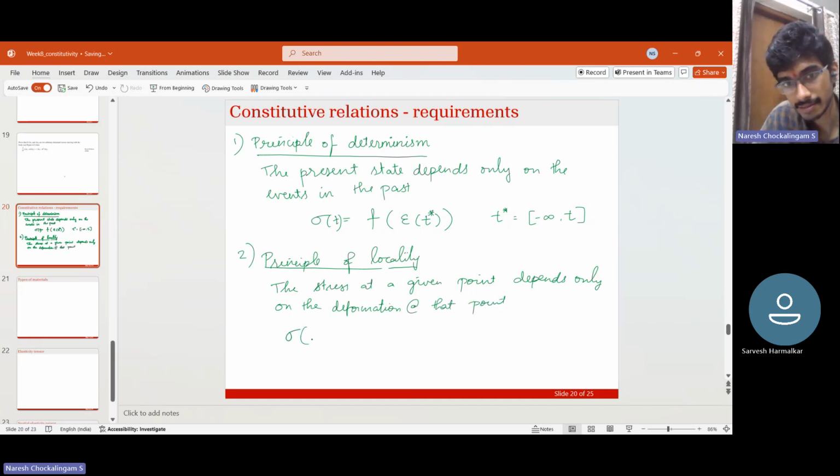So the stress at a point x comma t is a function only of the deformation at that point, and you cannot have non-locality. The stress at a given point cannot depend on the strain at some other point.